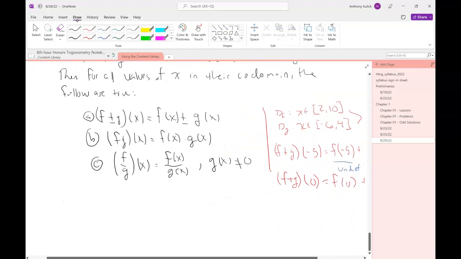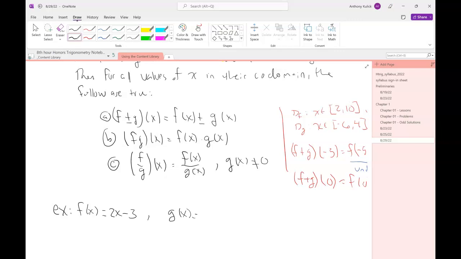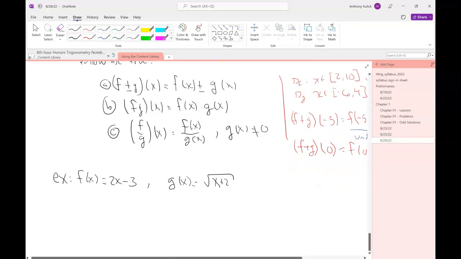So let's look at an example here where we put this to use. Say f(x) equals 2x minus 3, and let's say g(x) is equal to the square root of x plus 2. So let's say I want to do (f plus g)(x).